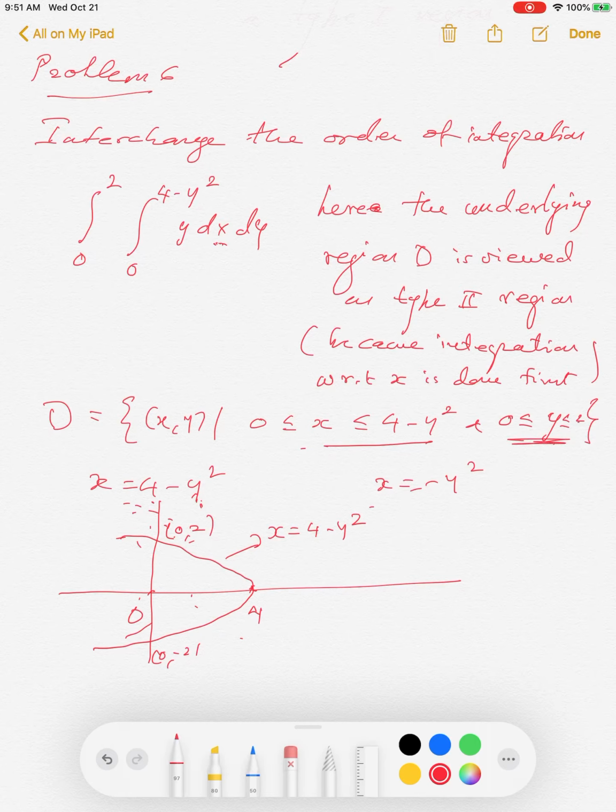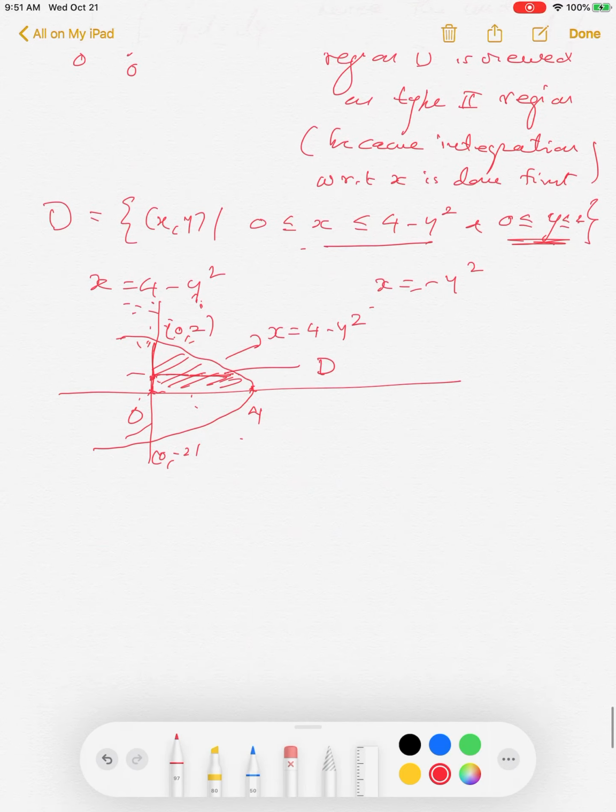And now your y is going between 0 and 2, so you are looking at this region. This is your D, and you are viewing it from the y-axis point of view. That's why you write this as an integral. So you are fixing your y first and integrating from 0 to 4 minus y square, and then you vary y from 0 to 2. So the question is, how do you write this when you view D as a region of type 1?